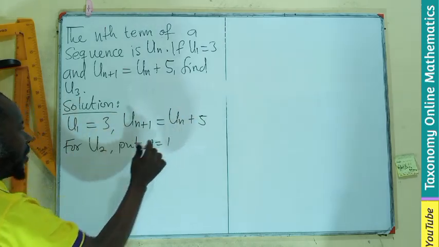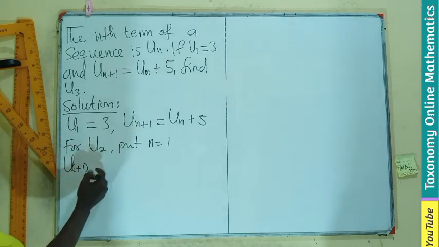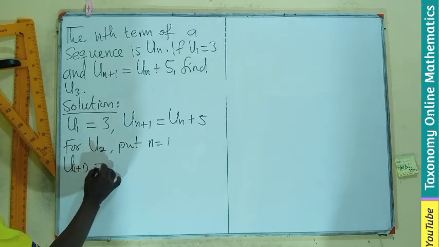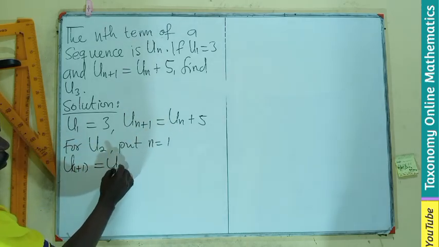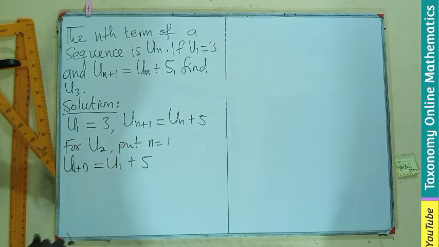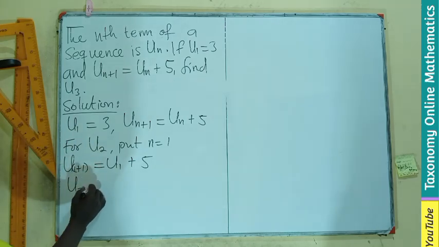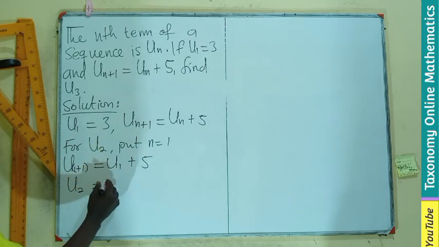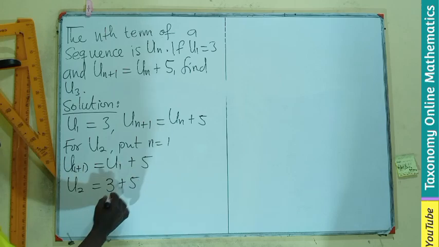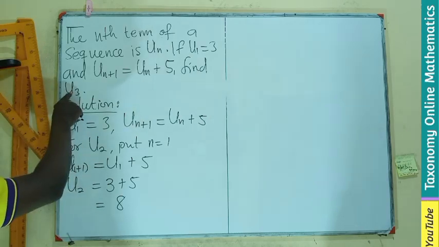That means I can have my n, which is 1, plus 1, making 2. This becomes u subscript 1 plus 5. But I already know this is given to me, so the second term becomes 3 plus 5, and that gives us 8. So I am progressing from 1 to 2 to 3.